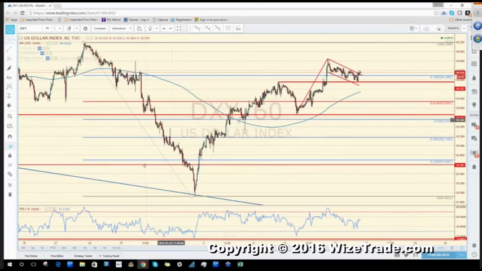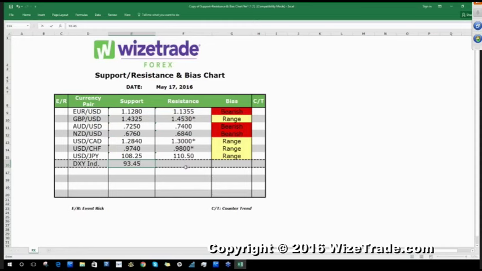And a breakout would be above 94.85. That would be significant.